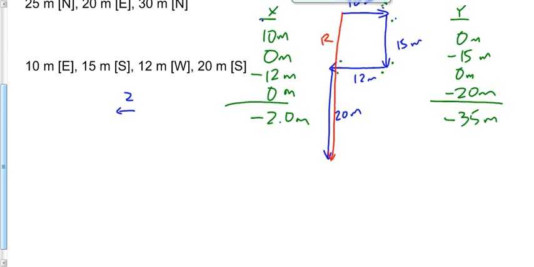And then we're going to say negative 35. It's drawn much, much longer because it's about 17 and a half times longer than the 2 should be. My resultant vector is drawn from start to finish.